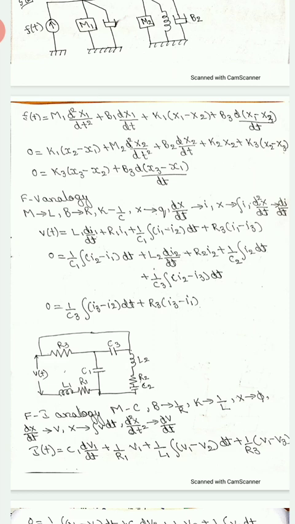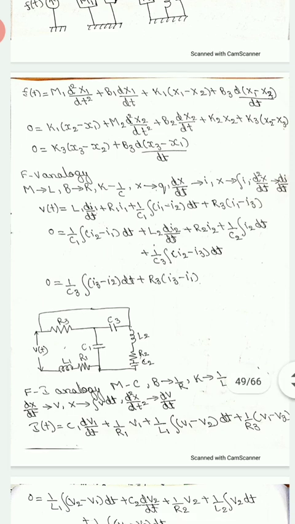You can observe in equation 1, 1/C1 integration of (I1 minus I2), that means it is related to both loops. Next, for R3 you can see I1 minus I3. I1 is the first loop, I3 is the third loop, that means R3 is connected to the first loop and third loop.